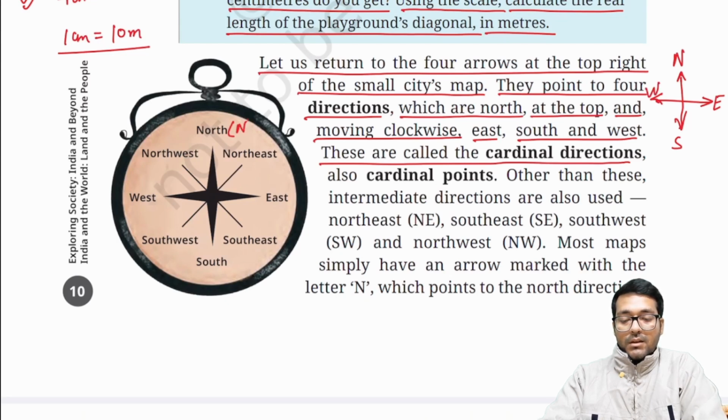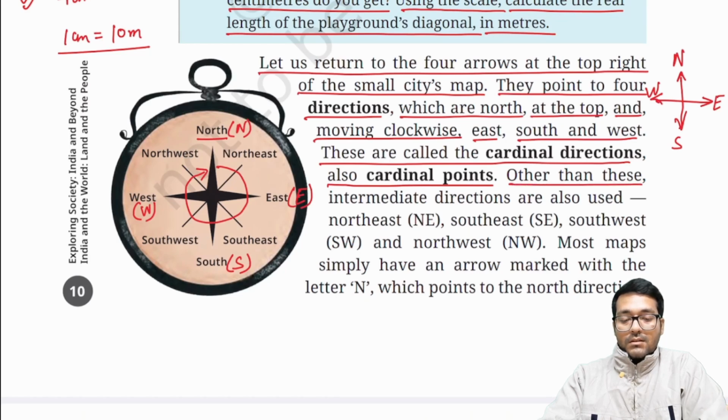North represented by N, east represented by E, south represented by S and west represented by W. You will get east, south, west on moving clockwise from the north. These are also called cardinal points.